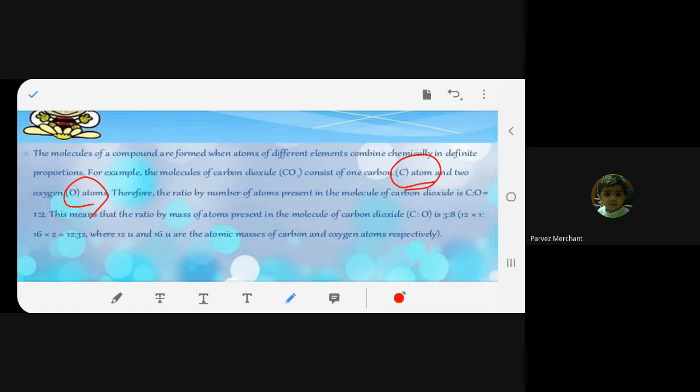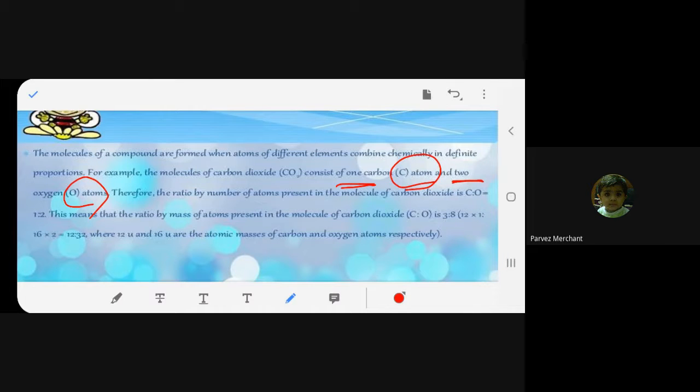How many carbon? One carbon. And how many oxygen? Two oxygen. All of you agree? Yes, ma'am. So one atom of carbon and two atoms of oxygen combine to form one molecule of carbon dioxide. Is it clear? Yes, ma'am.